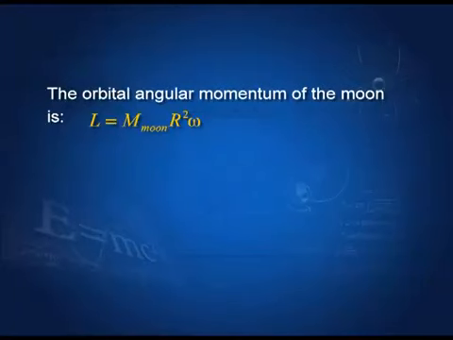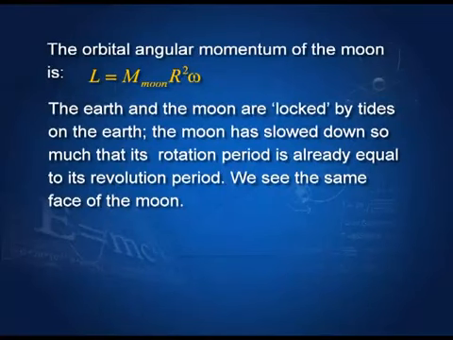Let us see what is the consequence. I write down the orbital angular momentum of the moon as mass of the moon into r squared omega, where omega is the frequency of its revolution around the earth. You are familiar with the tides on the earth. These tides are caused mainly by the moon, and these tides have sort of locked earth and moon.